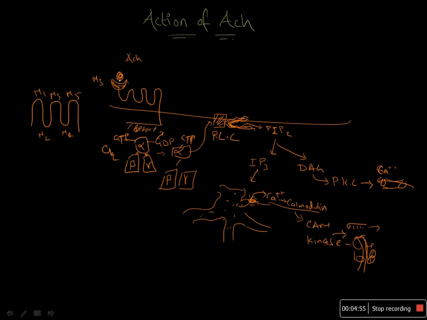So let's suppose this is the eye, and in the eye, these are the constrictor pupillae muscles. Now once you administer acetylcholine into the eye, the constrictor pupillae will have M3 receptors, and these M3 receptors will sense the acetylcholine.